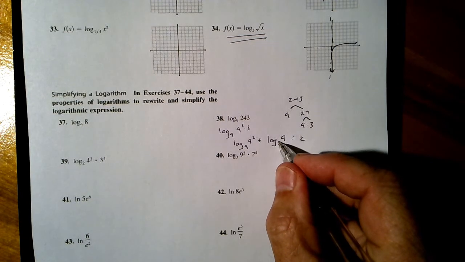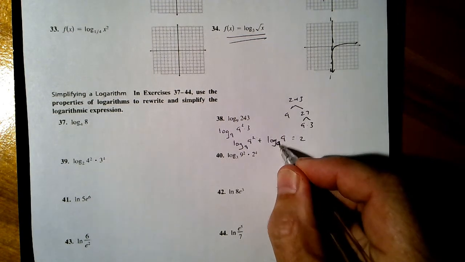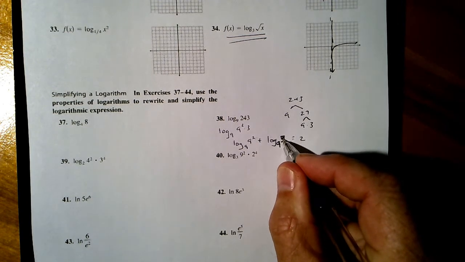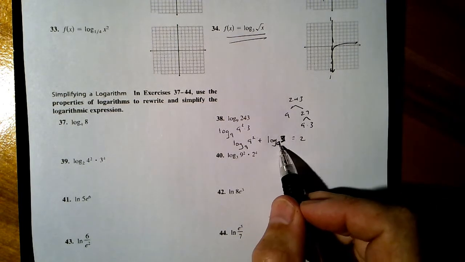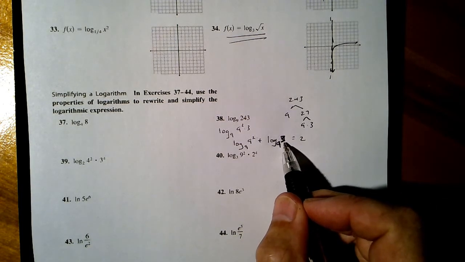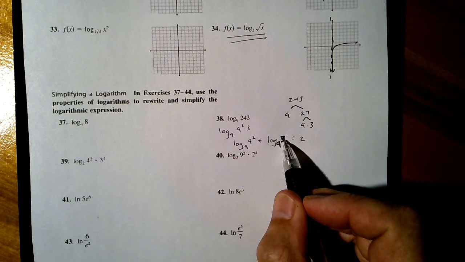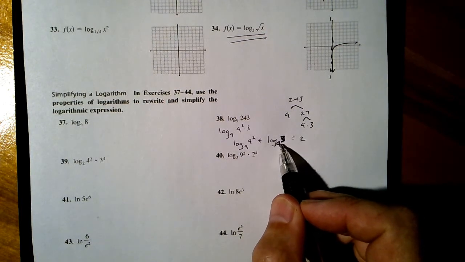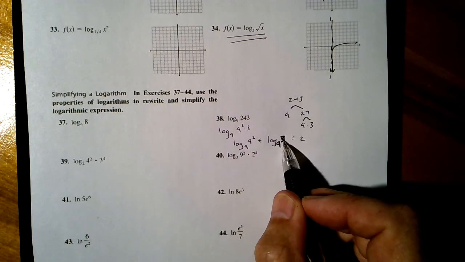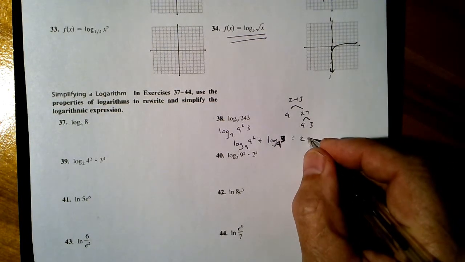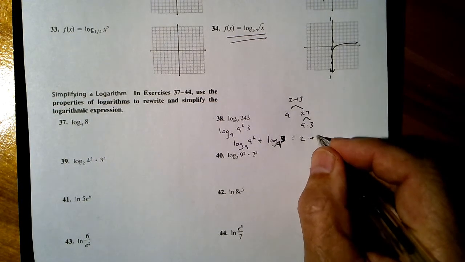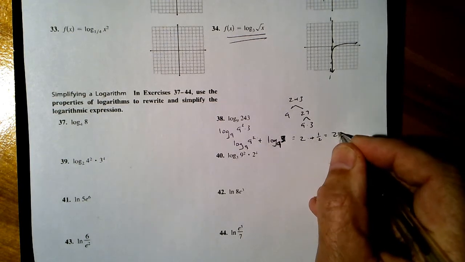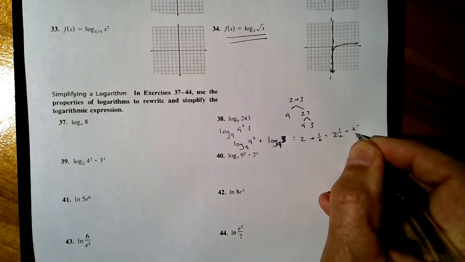Now log base 9 of 3: what's the exponent that turns 9 into 3? Well, this is really 9 to the 1/2 power, the square root of 9. So what's the exponent that turns 9 into 9 to the 1/2? 1/2. So I get plus 1/2. I get 2.5 or 5/2.